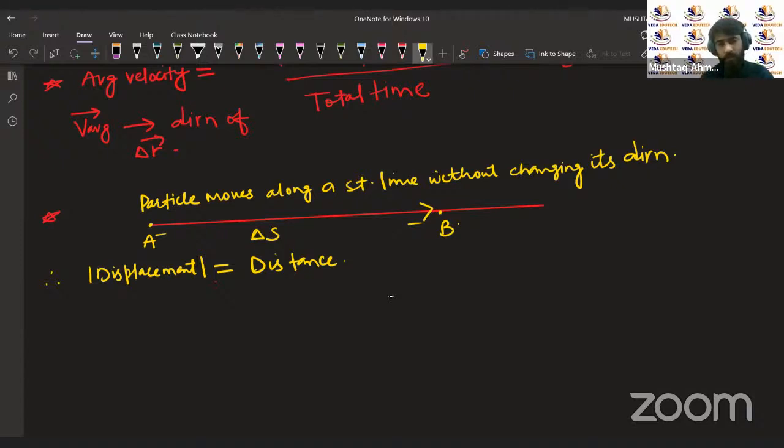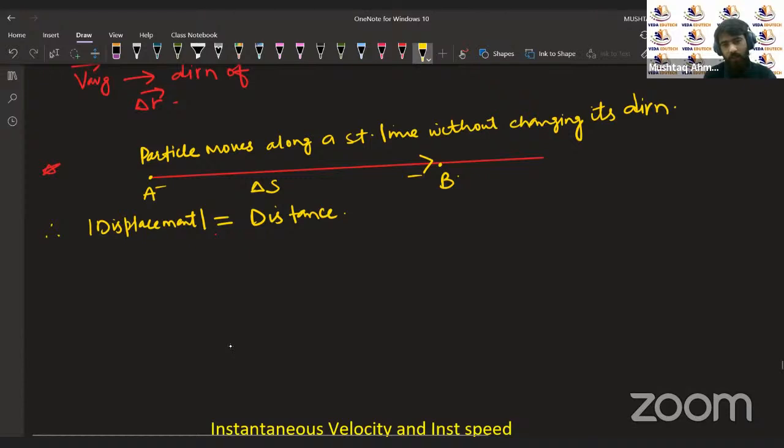In that case, the magnitude of displacement will be equal to distance. It means that at that time, the average velocity will be equal to the average speed, correct?